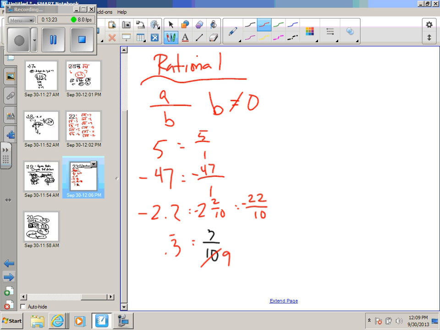So your decimals, they can repeat. That's okay. They can terminate. That's okay. What they can't do is go on and on without following a particular pattern. Do you know which ones do that a lot?